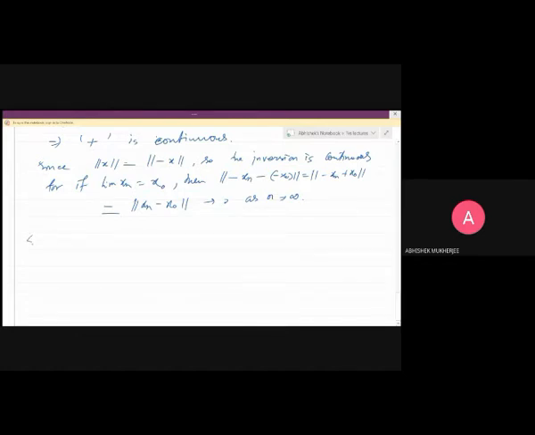Example 4. Suppose you are considering the set of all non-zero reals and non-zero complex numbers, and they will form a group with respect to multiplication.